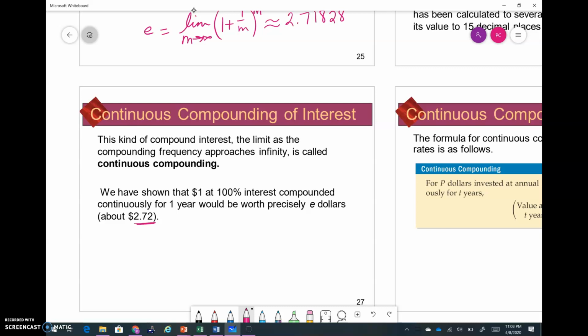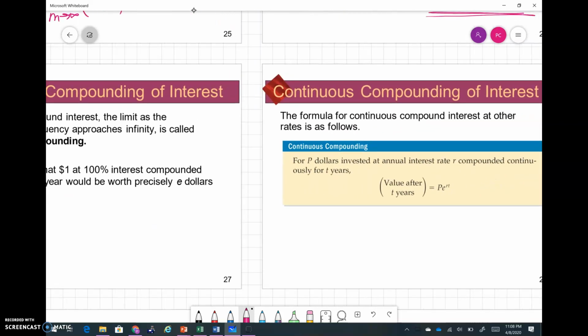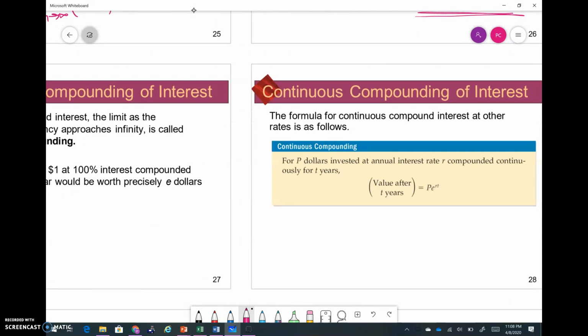So the formula here that we get to replace, remember, E is equal to the limit as n approaches infinity of 1 plus 1 over n to the nt. Well, what we get to do is take all of this stuff here and take our original compounding interest formula, and all the junk in the parenthesis gets replaced.